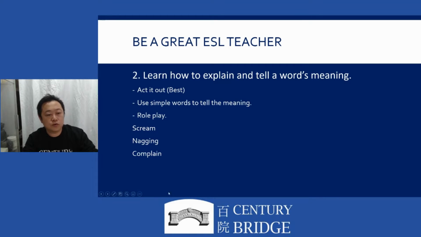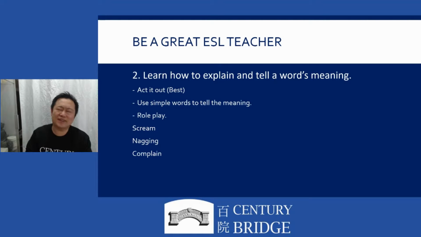And the third is to role play it. For example, if you want to explain the word complain, the best way for me is to act it out, and I will role play it, and I will go like, "Dad, I really hate my boss.